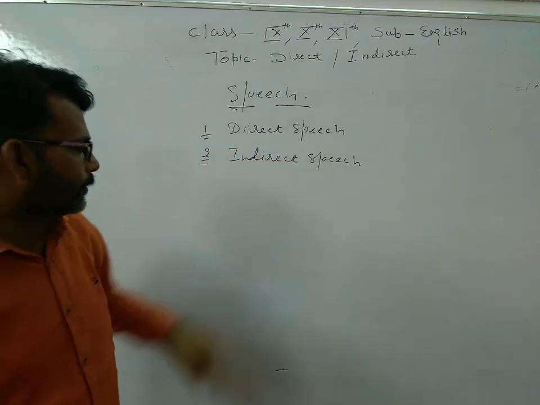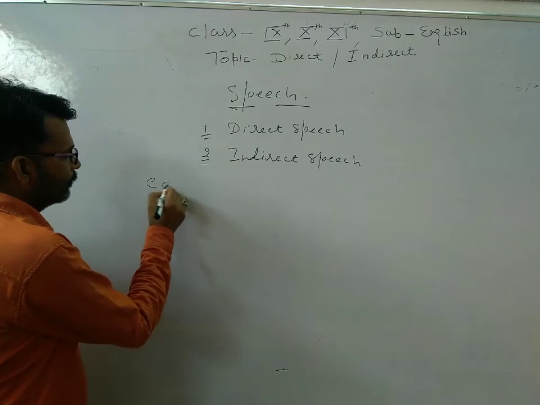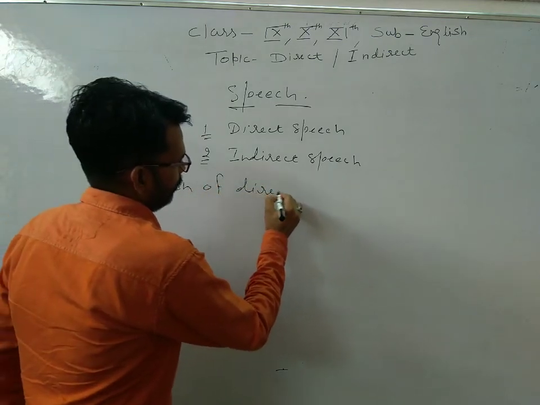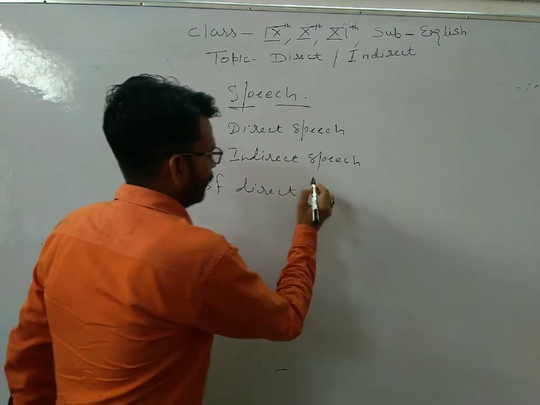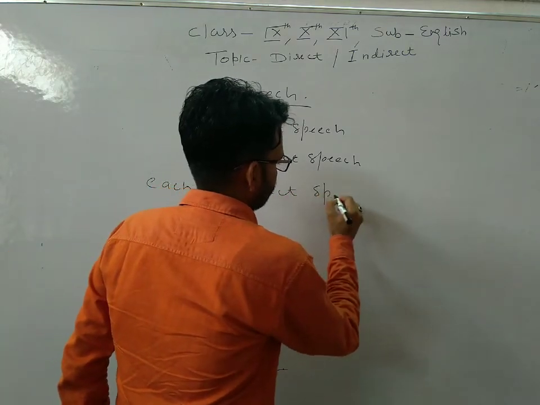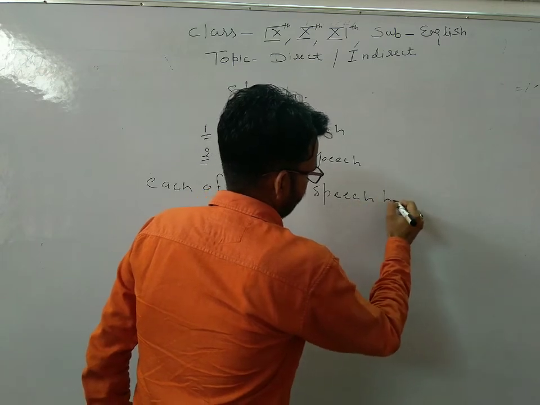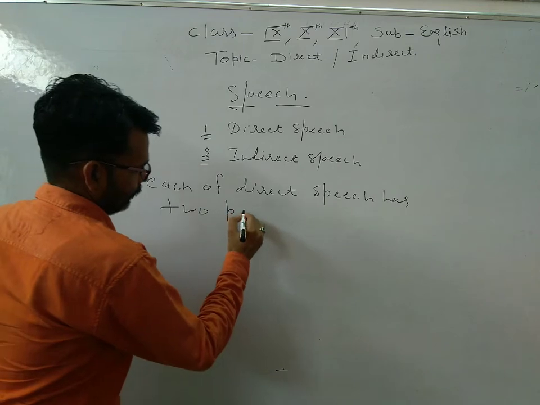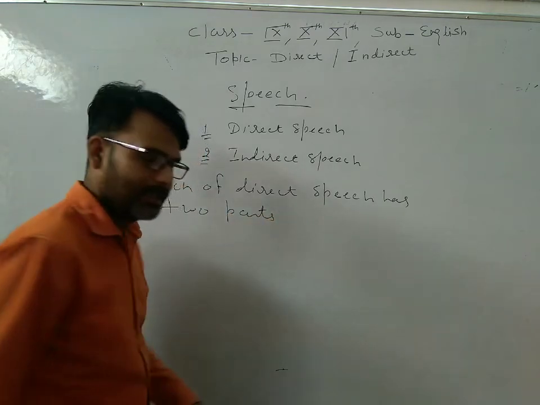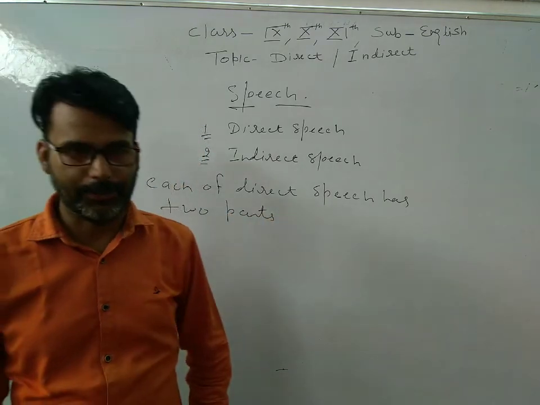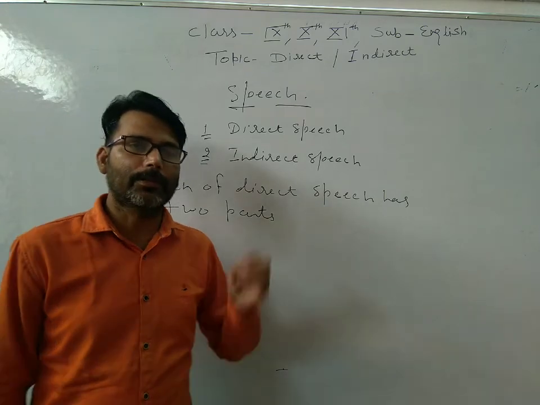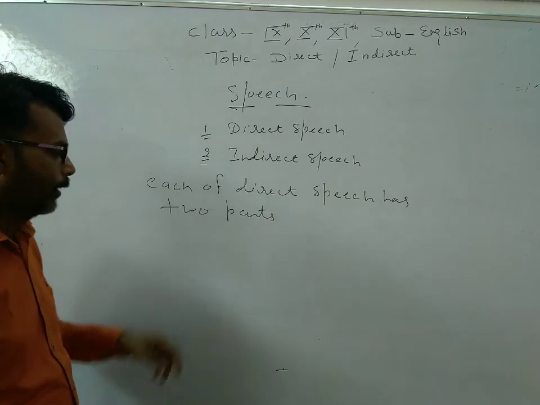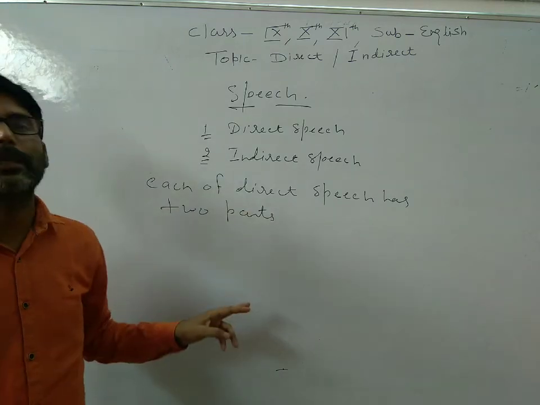Now, direct speech. Each direct speech has two parts. Students, this is the base of the narration. If you don't want to make any mistakes while doing narrations or reported speech, you must know about these things.